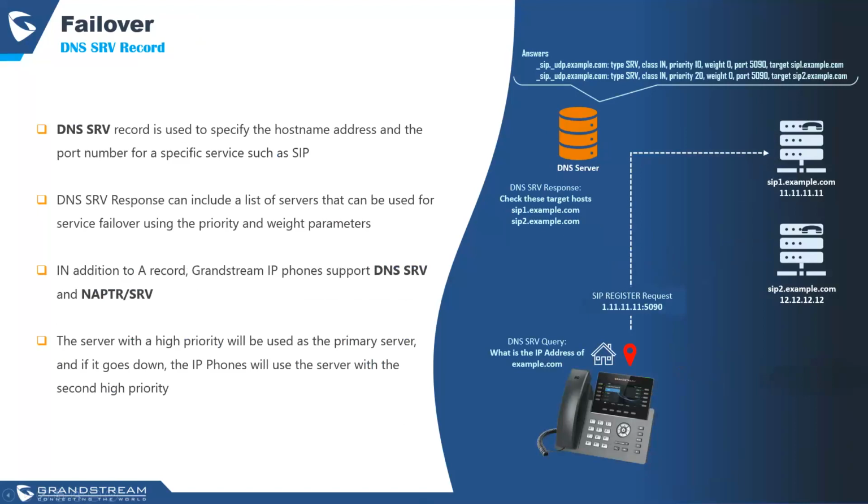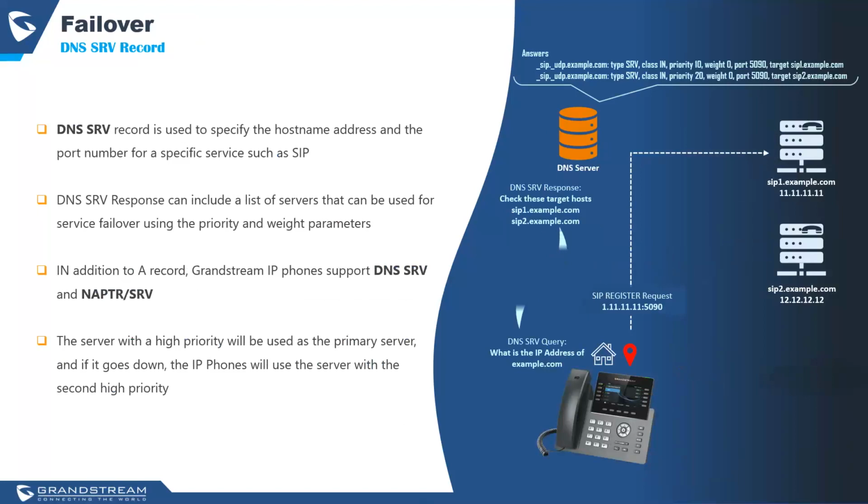Another failover technique that is widely implemented by VoIP providers to improve the service availability is the use of DNS SRV record. So we all know that a DNS server is primarily used to resolve domain names to IP addresses.